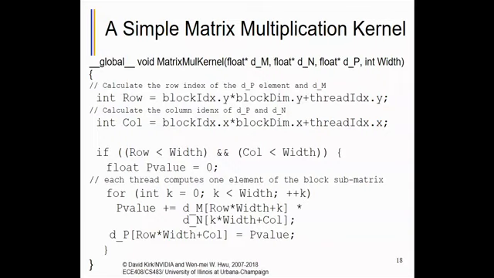This piece of code is actually amazingly similar to the sequential matrix multiplication code. We basically took out the two levels of loop and turned the innermost loop body into the kernel code. This is a very straightforward parallelization.